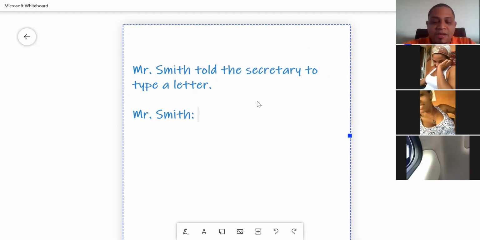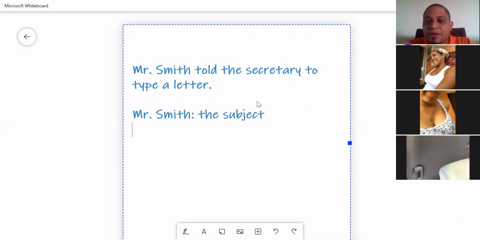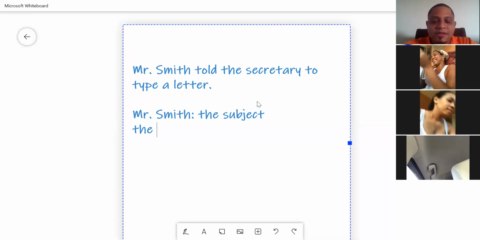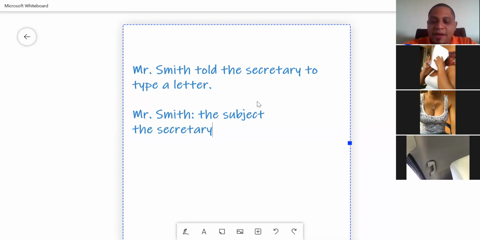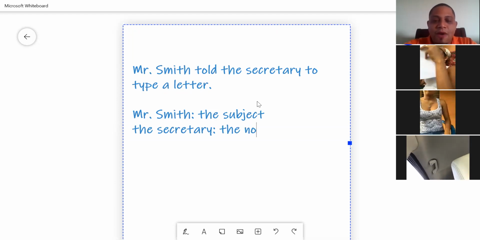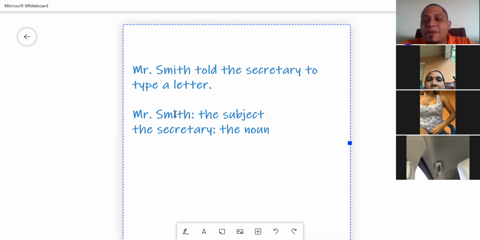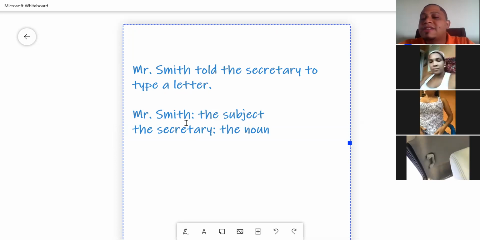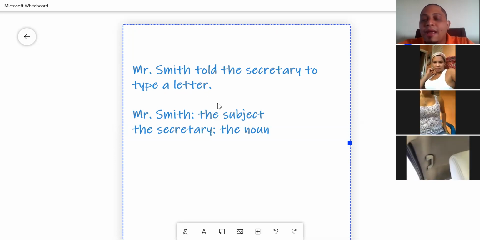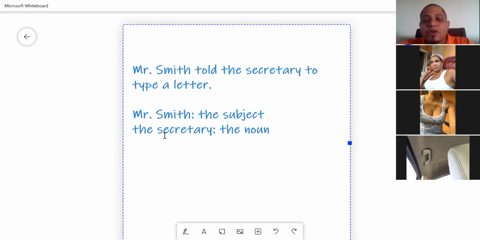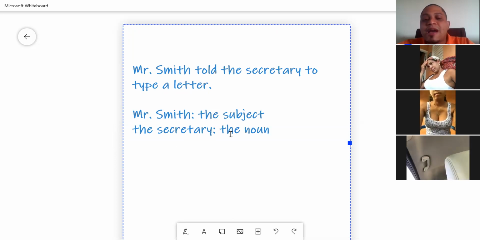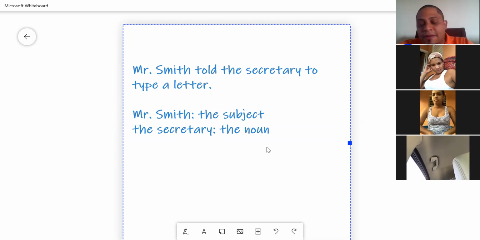So Mr. Smith is the subject, the person who does the action. But we also have the secretary, right? So the secretary is the noun. You see, it doesn't mean that Mr. Smith is not a noun. It is a noun, but it is the subject, the main actor in the sentence. So the secretary, which is a noun, is a secondary actor in here.